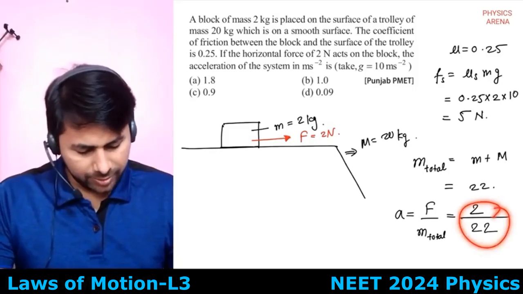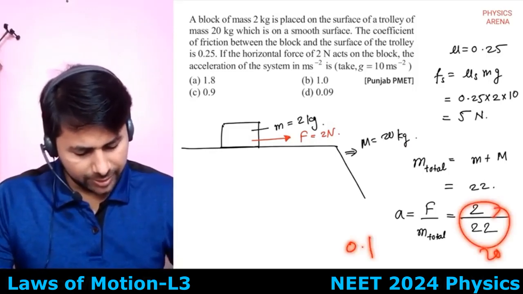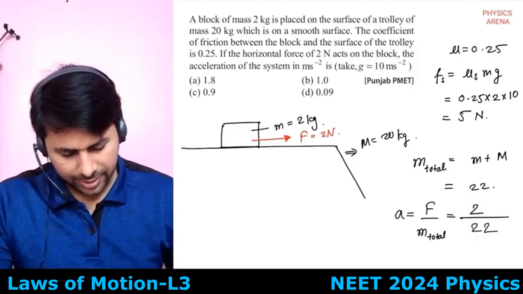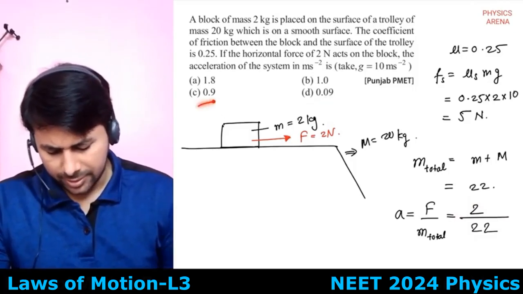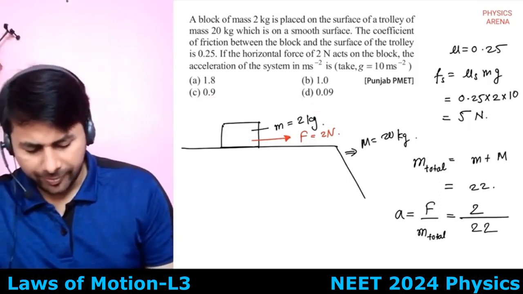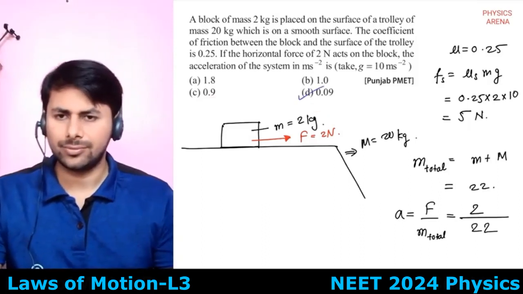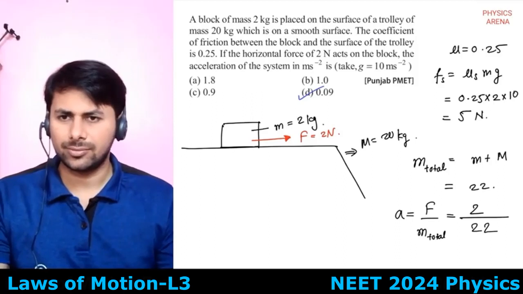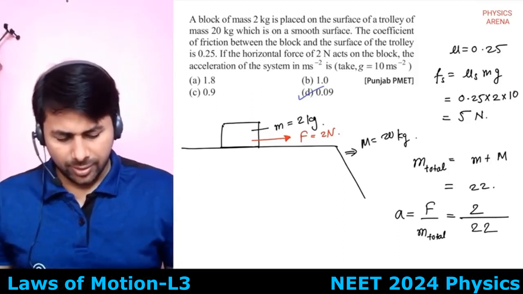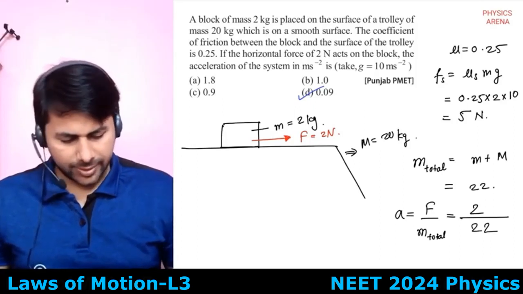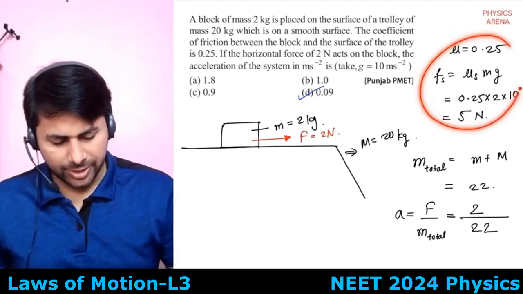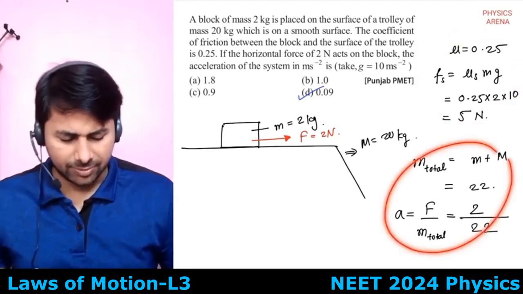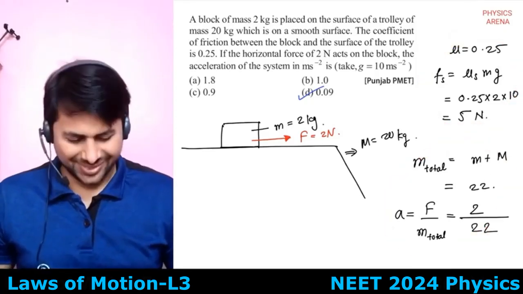So 2 upon 20 is 0.1, a little bit less than that, 0.09. Option D. This is a simple question, and if we don't check this, it will take 20 seconds or so.